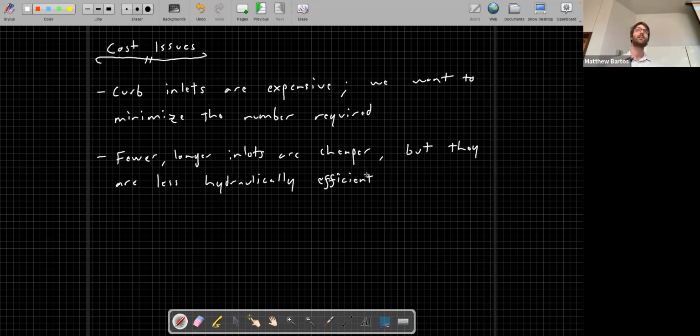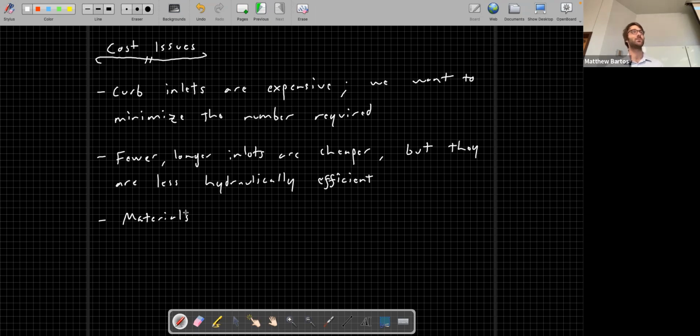Okay. Are there any questions? Any other ideas of cost considerations that we're going to need to think about? Materials. So what kind of materials do we want? Low cost.